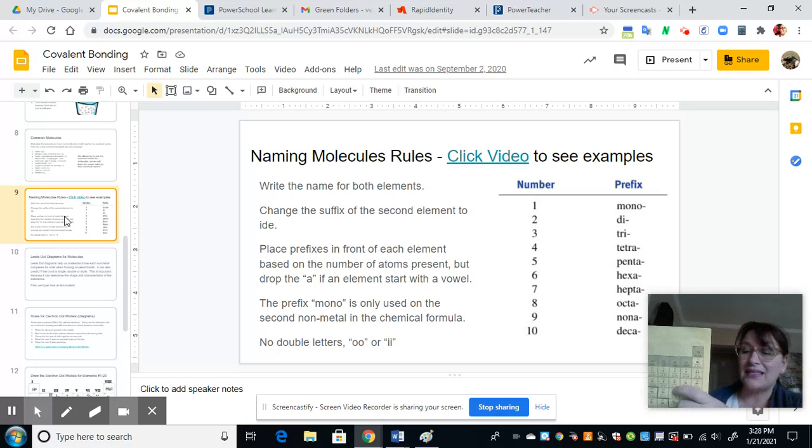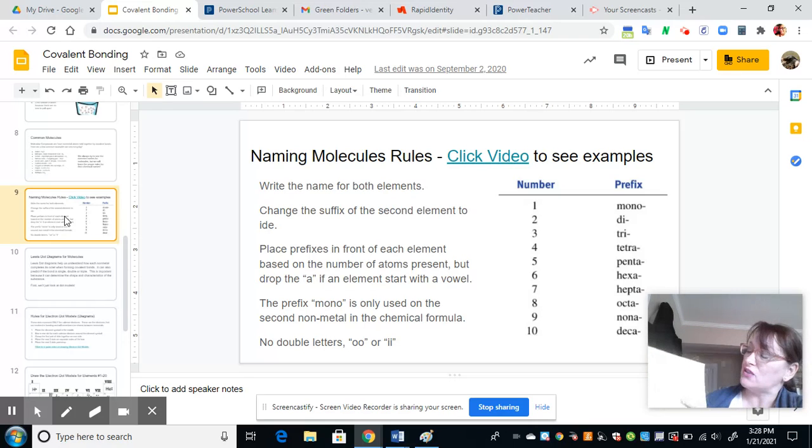It's usually best to say sulfide and drop the UR, but sometimes we will say the whole sulfur, like sulfurous. Sulfur gets a little bit confusing, but sulfide is the correct term. Phosphide, phosphor is the root. Bromide, brom is the root. And hydrogen over here would be hydr, like hydride.